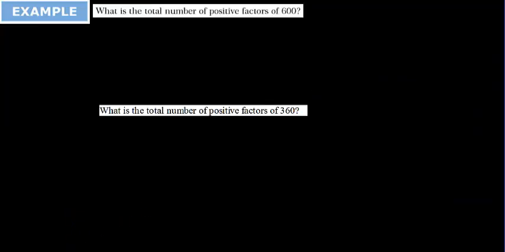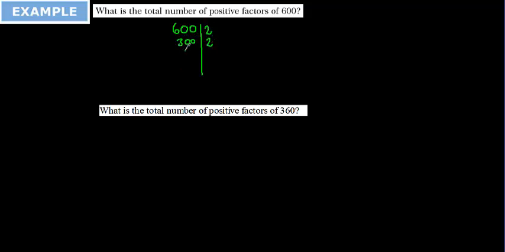Okay, this question is a bit important because here the logic is different. What is the total number of positive factors of 600? First we have to find the factors of 600. 600 divided by 2 is equal to 300.